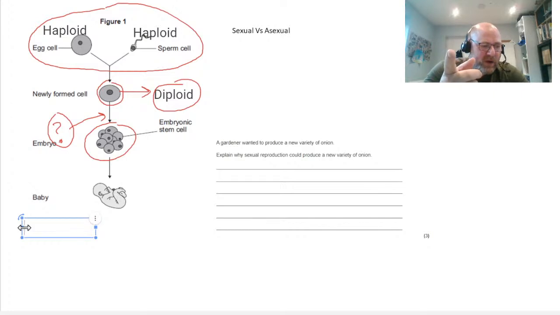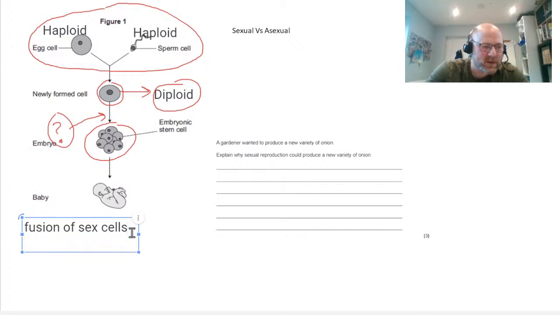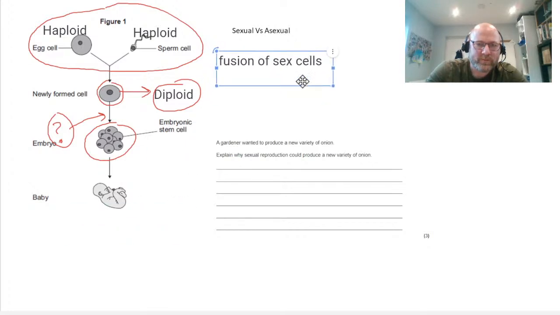So, sexual reproduction. We get fusion of sex cells like that. You can say gametes join together. It involves gametes. How many parents in sexual reproduction? 2 parents.